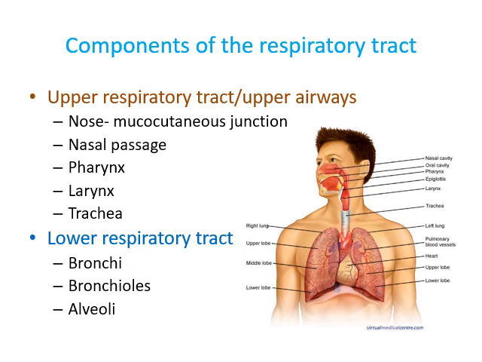You can see the skin coming in, continuing as the nasal mucosa, and then that will open into the nasal passage. The nasal passage is connected to the pharynx, which is connected to the larynx, and then the trachea. So air takes this pathway when it goes into the lungs.